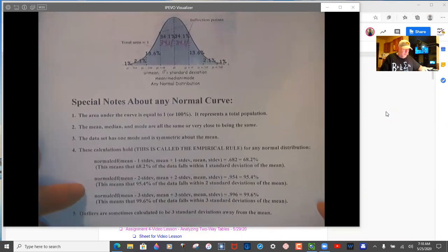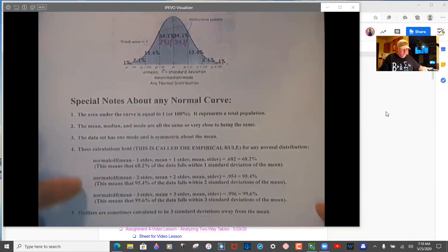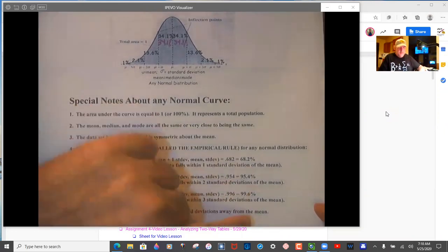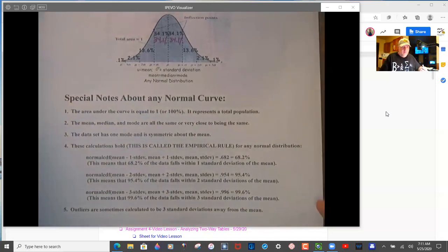especially the stuff with the empirical rule, which is very easy to deal with. You're going to want to read through that on these, especially these percentages, and pay attention to what to do within the actual problems themselves.